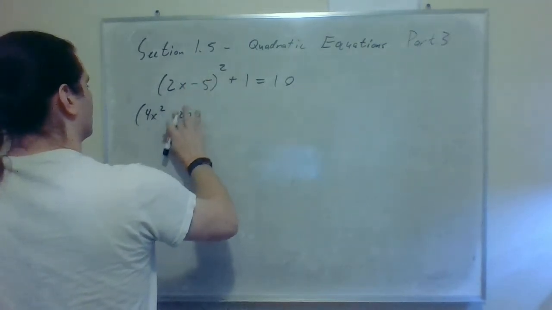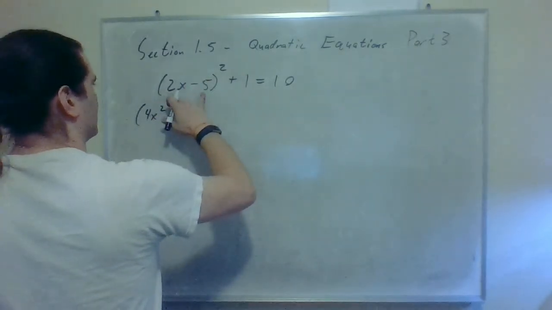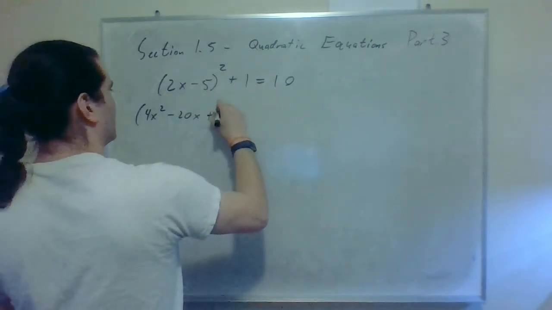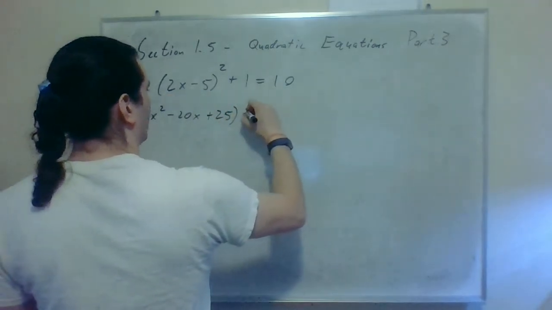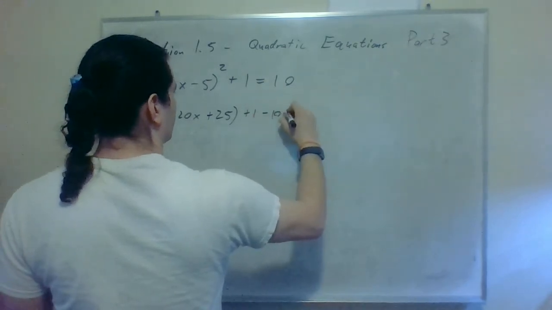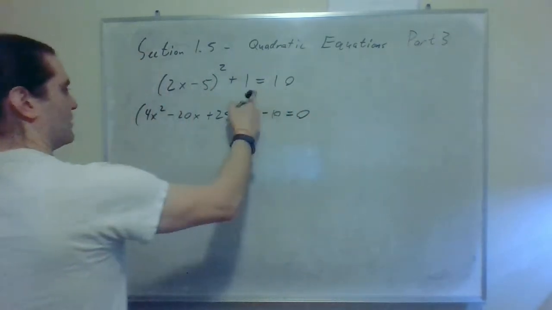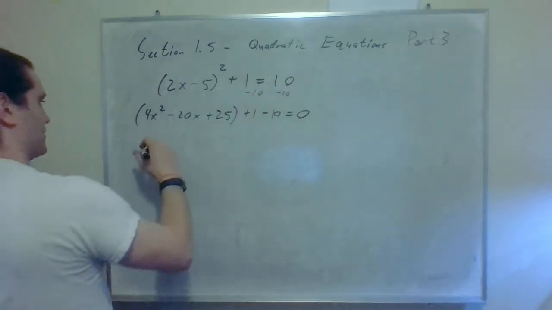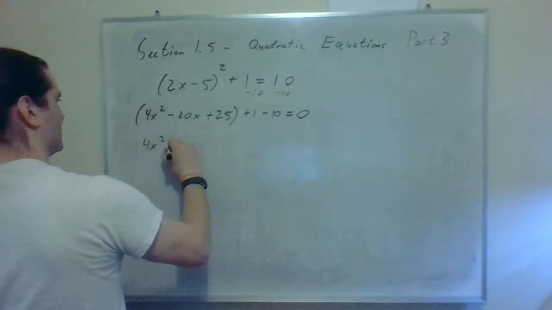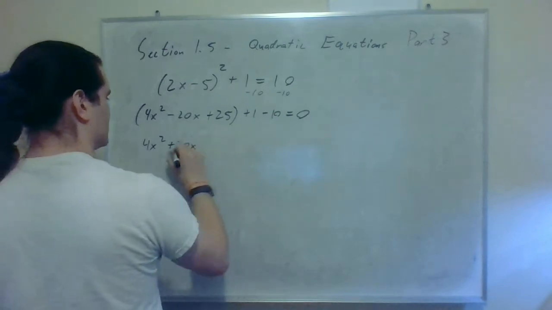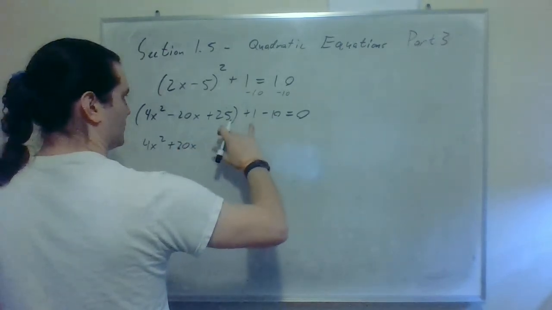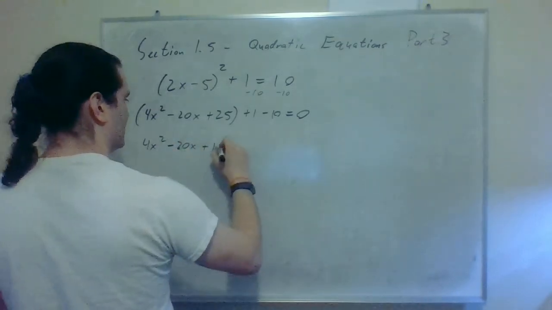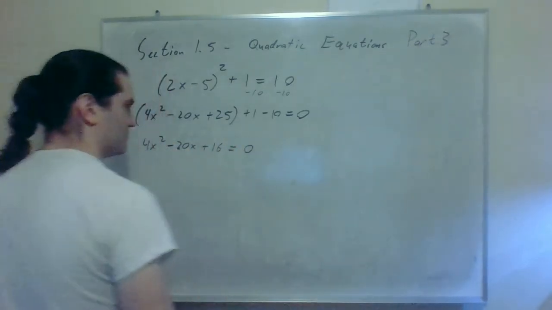I copied it down wrong. So still, twice the combined term should be minus 20x, plus 25, plus 1, minus 10 equals 0. I'm already moving the 10 over. So I'll get 4x squared minus 20x, 26 minus 10 is plus 16, equals 0.